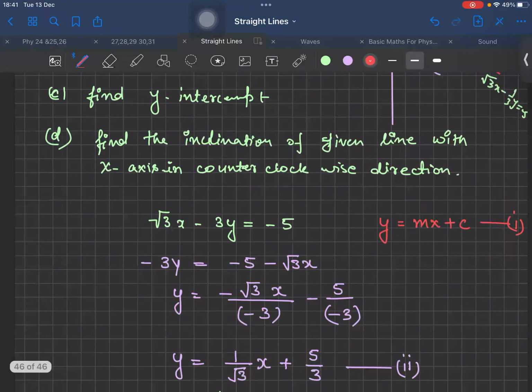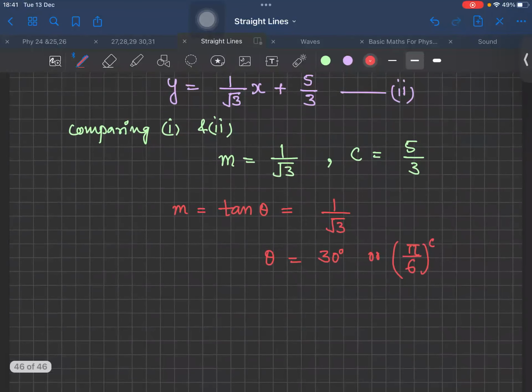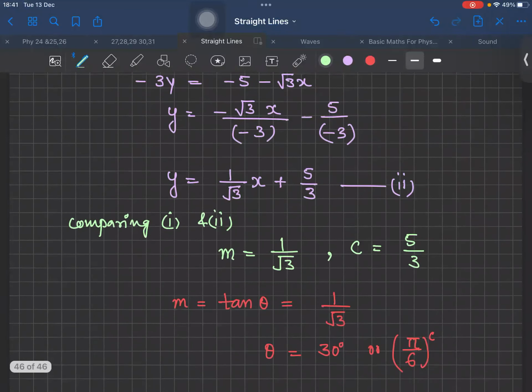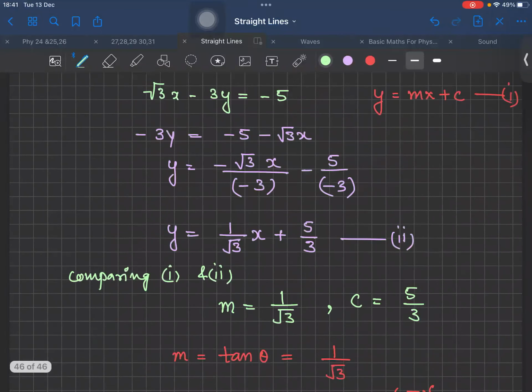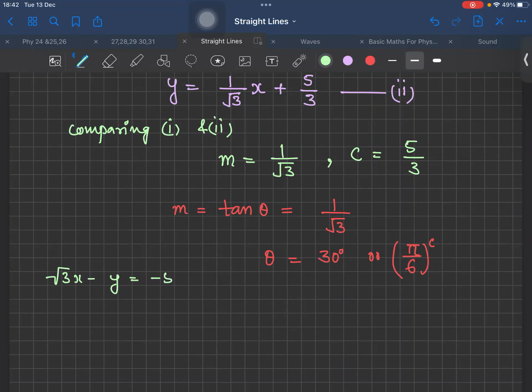Now, how do we find the x-intercept? Go to the same equation again: root 3x minus y is equal to minus 5.